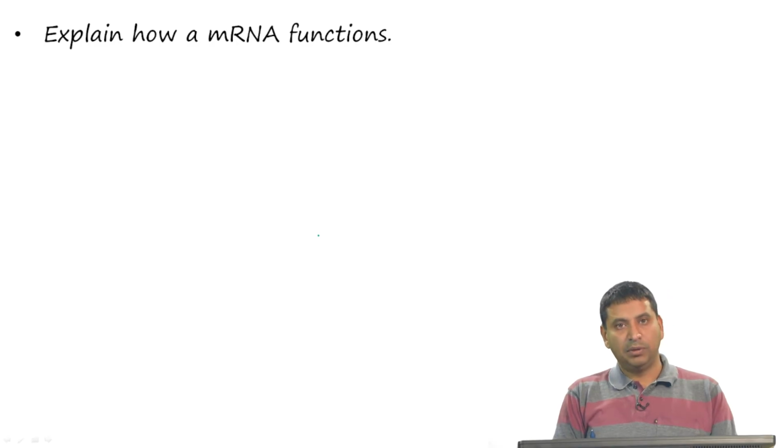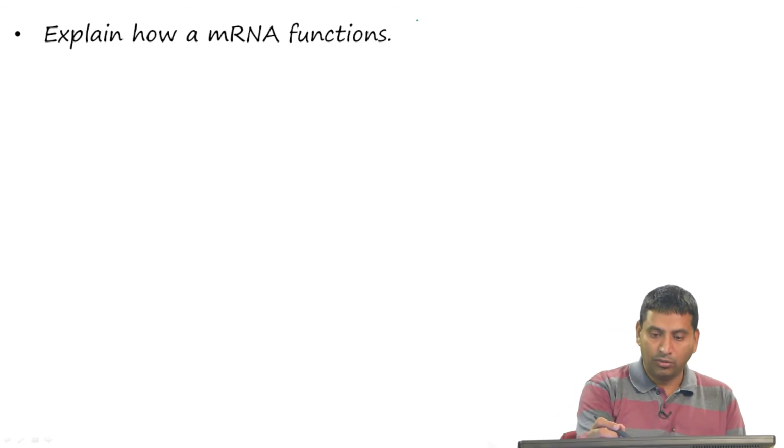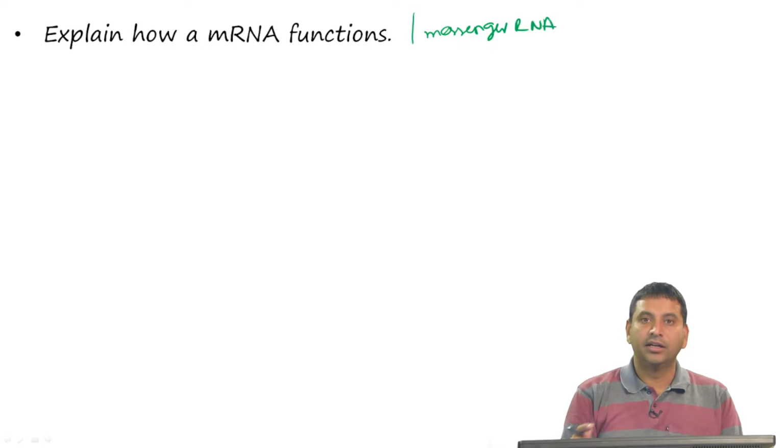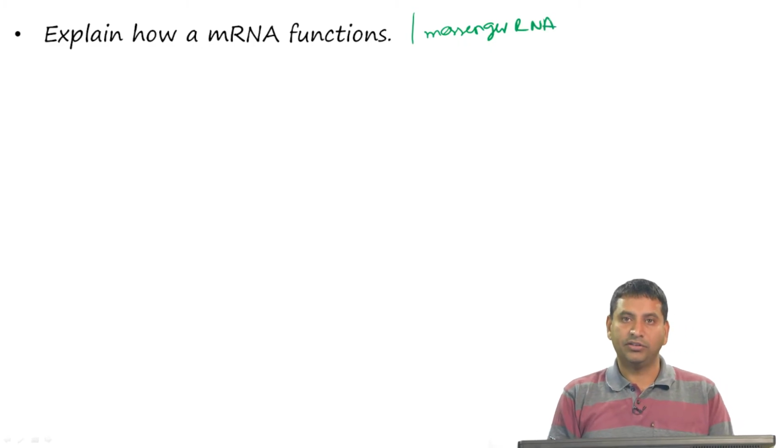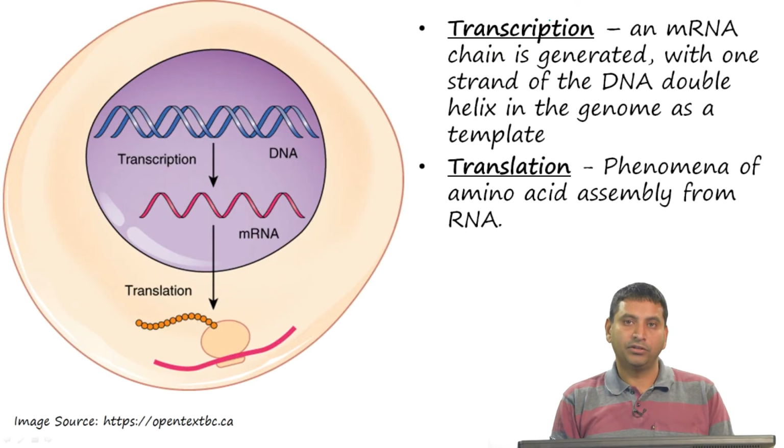The next question is, explain how mRNA functions. So, mRNA, as we know, is basically messenger RNA, and in order to understand what a messenger RNA is: messenger RNA takes a message from DNA to the protein synthesis machinery. This process is called transcription.